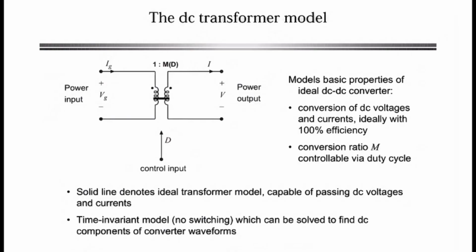Conversion ratio M is controllable via duty cycle D. So the solid black line in the middle denotes the ideal transformer model. So it is capable of passing DC voltages and currents. The time invariant model, or the no switching model, can be solved to find the DC components of converter waveforms.